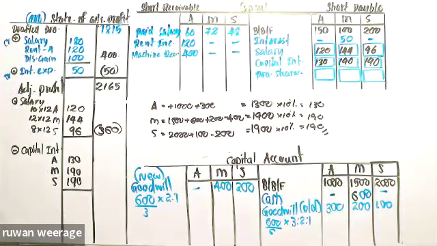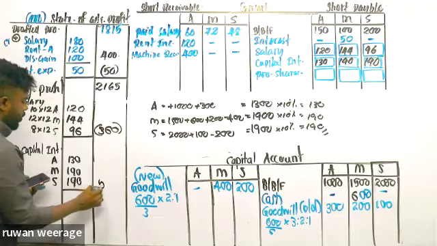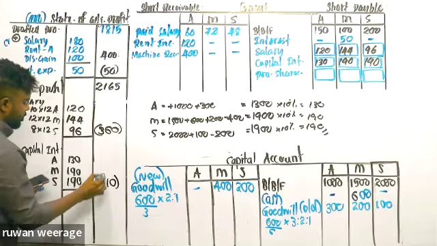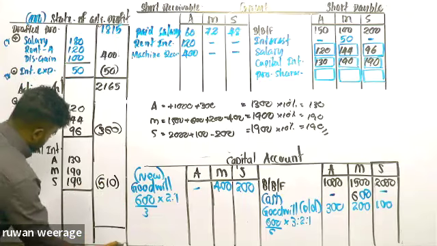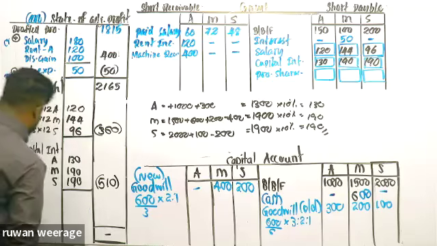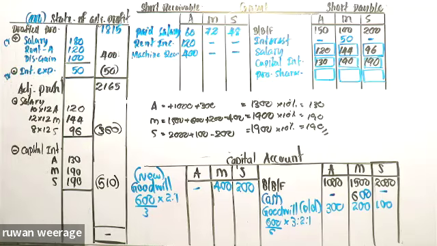Okay. That is 510. Right. Right, get the profit shares.